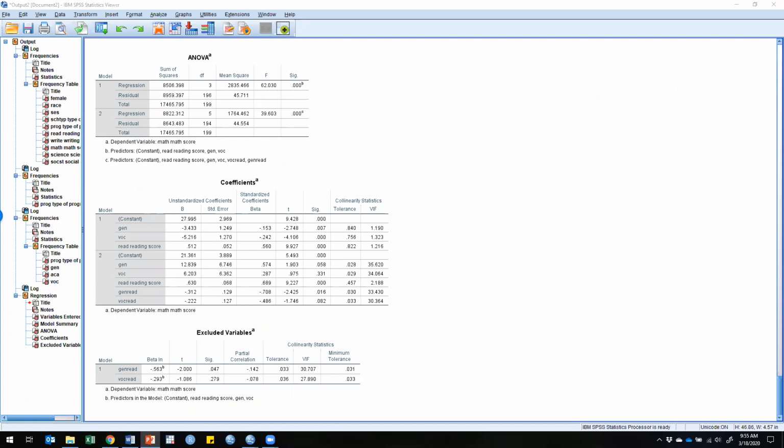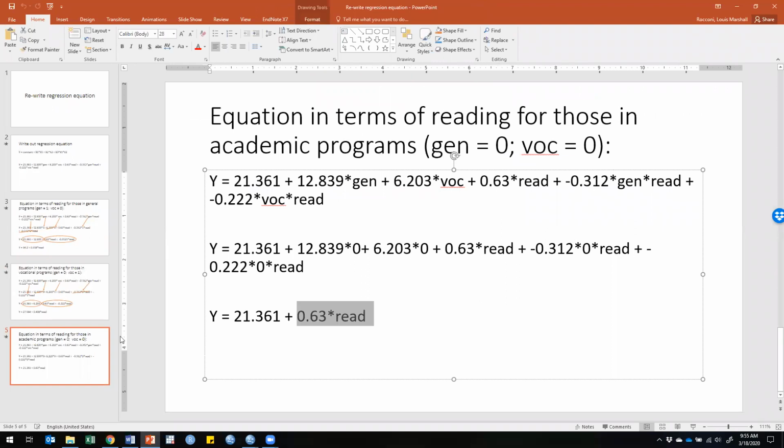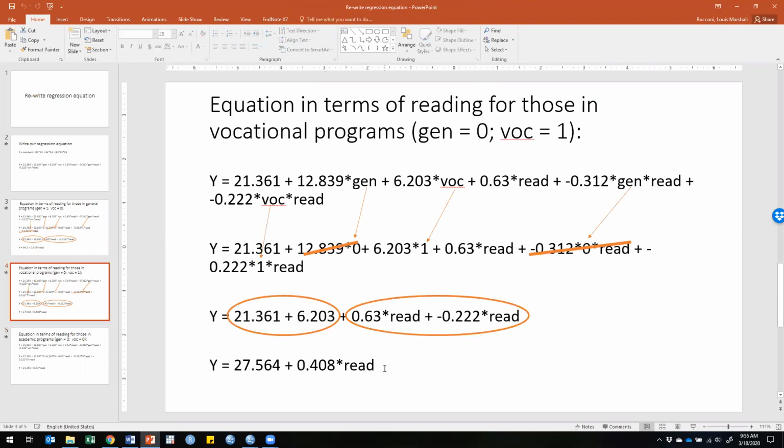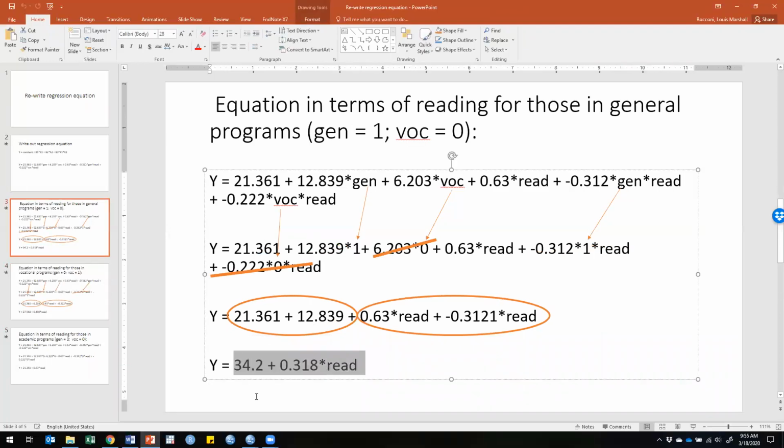So those are the values that I'm then going to graph in that equation. So there's the equation for academic. Here's the equation for vocational program. And here's the equation for the general program.